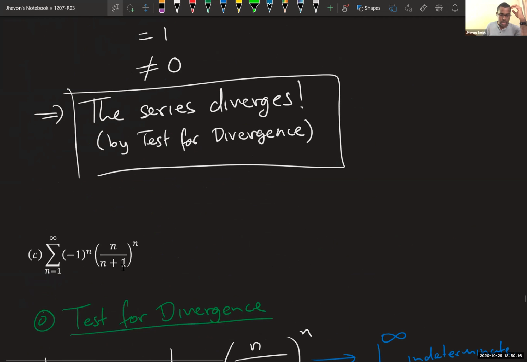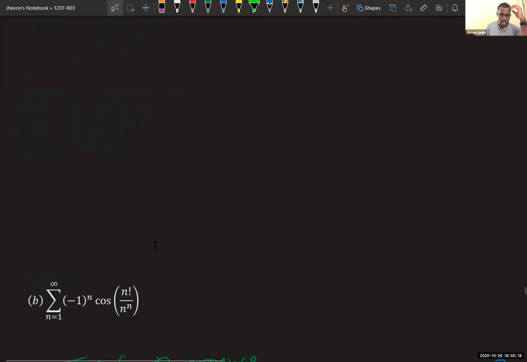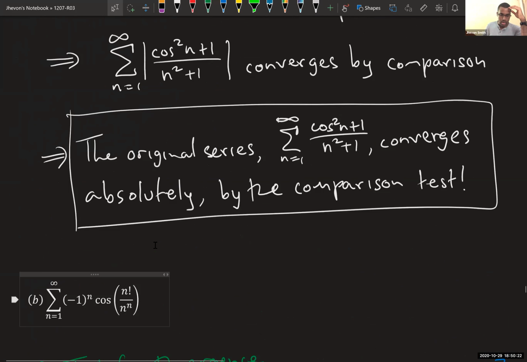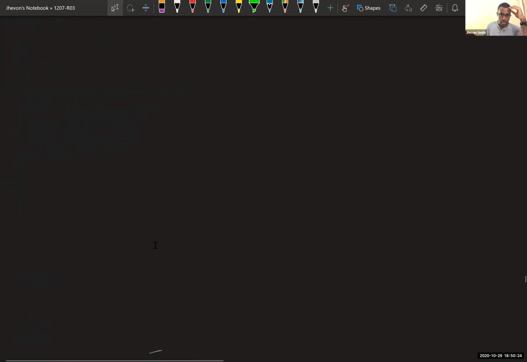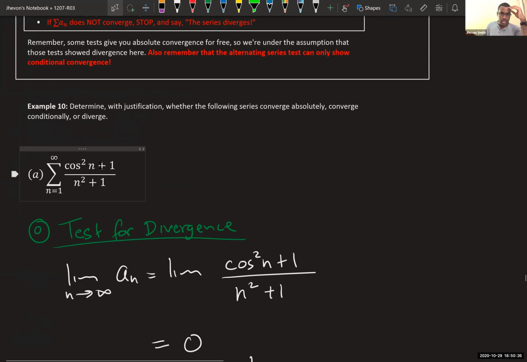This series here diverges. And this series here converges absolutely, right? So now you can determine whether or not series are converging absolutely, whether they converge conditionally, or whether they just diverge altogether. So you can do all sorts of tricks here.